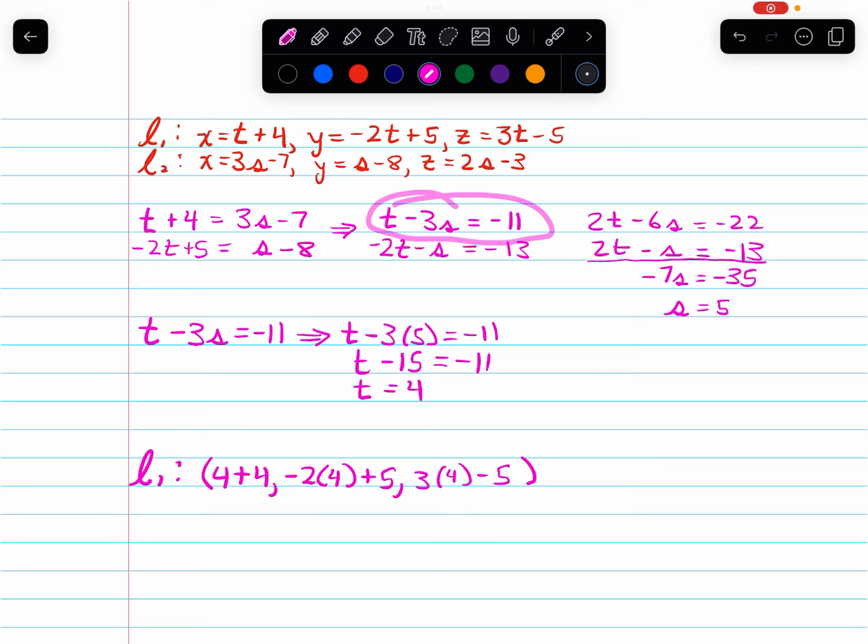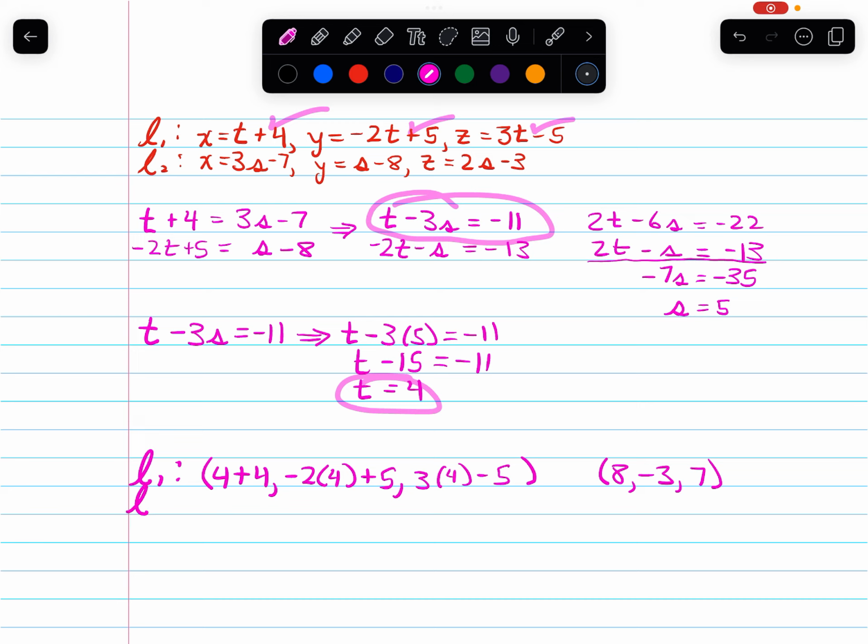All I did was plug in T equals 4 here, here, and here. And let's see what I get. I get 8. And then I've got negative 8 plus 5, that's negative 3. And then I've got 12 minus 5, which is 7. So in line 1, when T equals 4, I get this point.